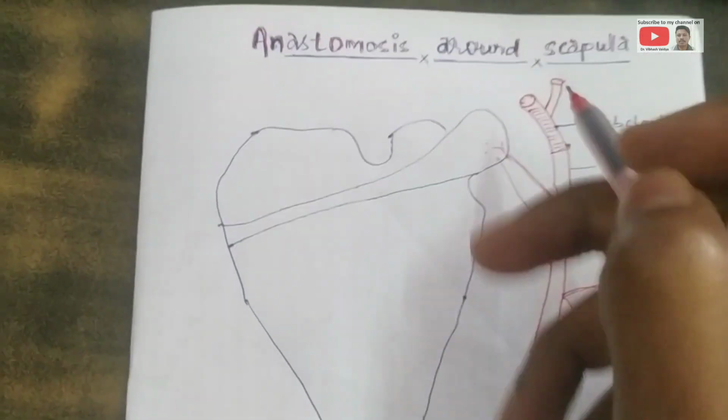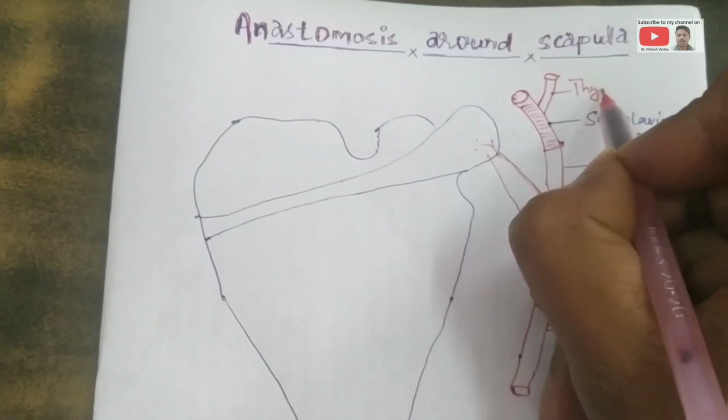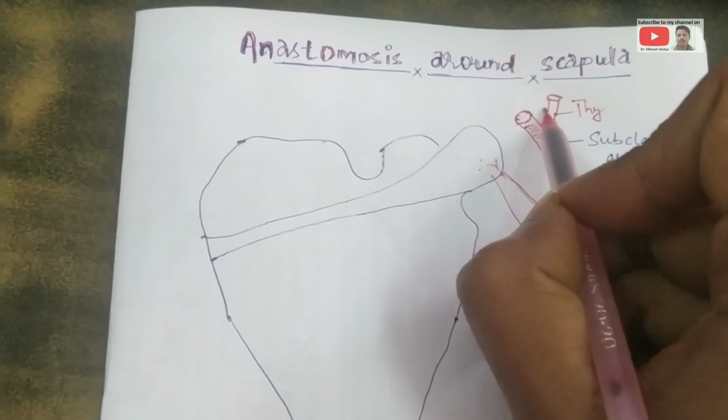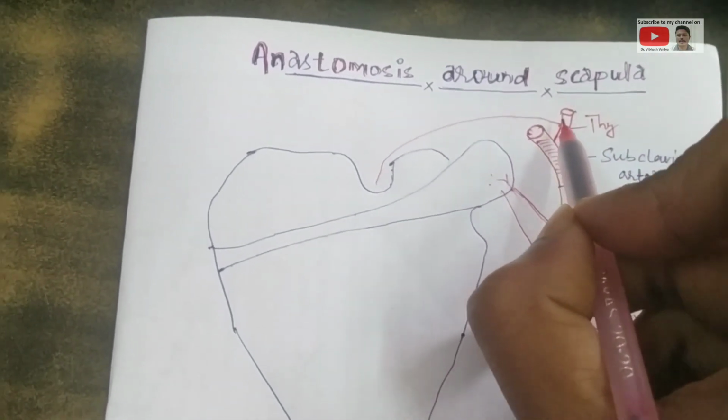And then you can see here, this is the thyrocervical trunk, and from the thyrocervical trunk it gives two branches. One is the suprascapular artery, and another is the deep transverse cervical artery.